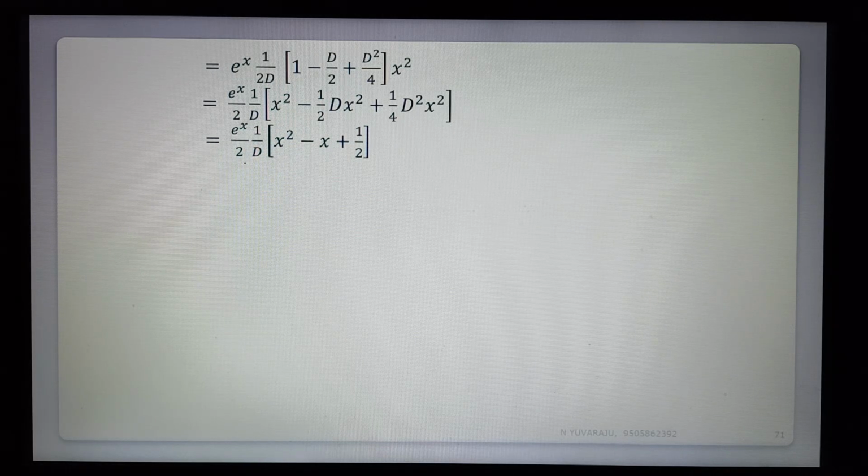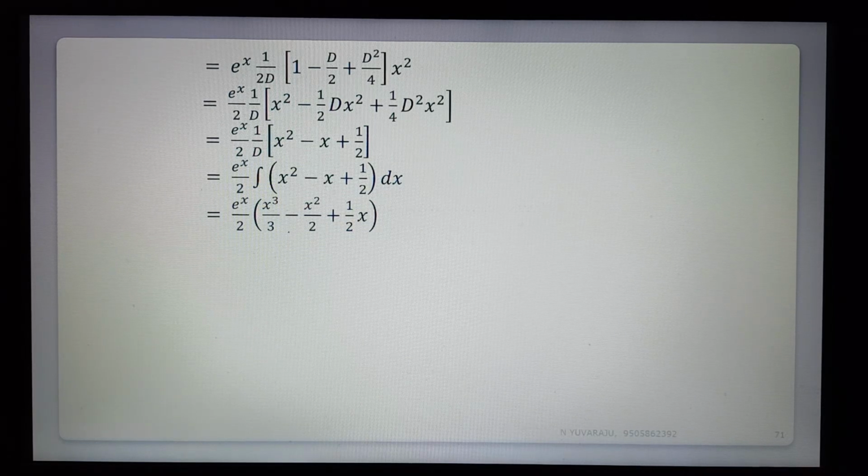So e power x by 2 into 1 by D, x square, derivative of x square is 2x, 2 cancel, x, plus D square x square means 2, that is 1 by 2. So therefore 1 by D means the integration. e power x by 2 into integration of (x square minus x plus 1 by 2) dx.